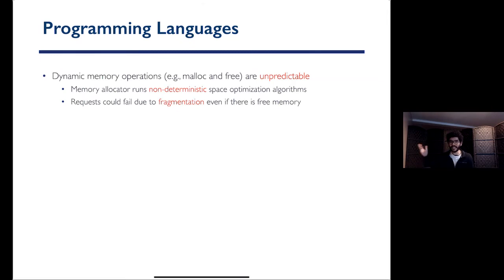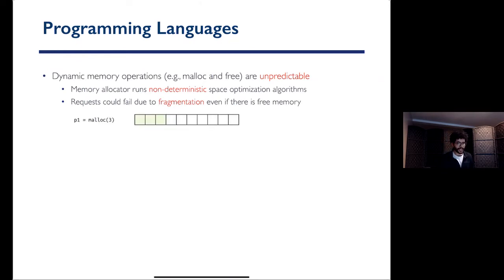So for any specific request, there is no guarantee that this request will be answered fast, because it could take time for you to go all the way to the end of your list, and maybe you decide that, oh, I don't have a space at all. So dynamic memory allocation introduces unpredictability, and unpredictability is not good for real-time systems.